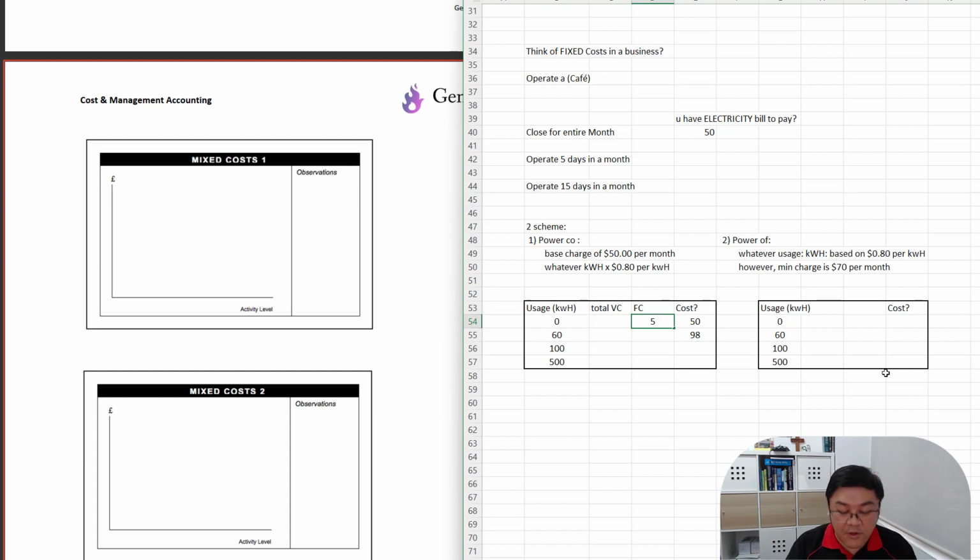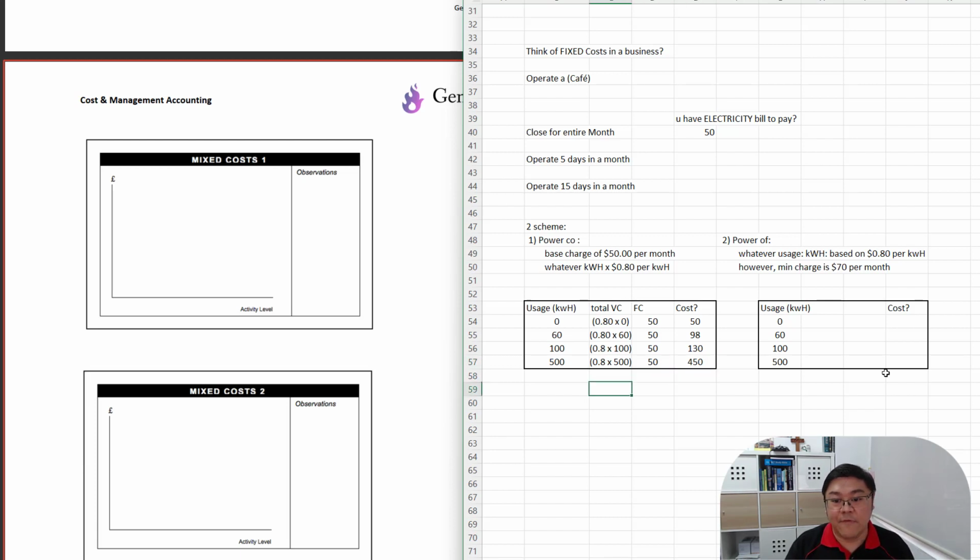The fixed cost will always be 50, and the formula for variable cost is bx, that means price times quantity. So here it is 0.8 multiplied by 60, which gives you 48. Here, 0.8 multiplied by 100 gives 80, so 80 plus 50 gives me 130. And here, 0.8 times 500 gives us 400, plus 50.